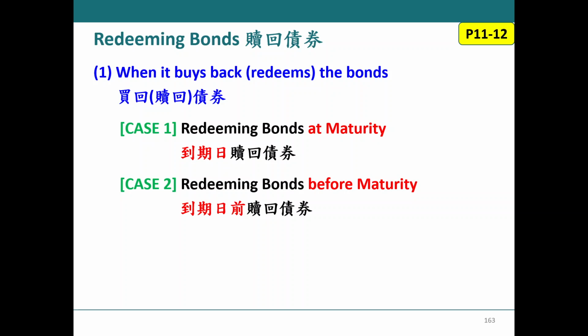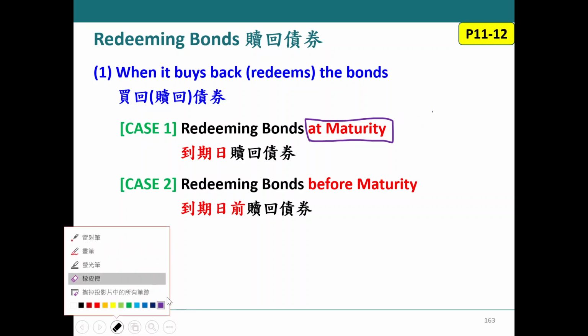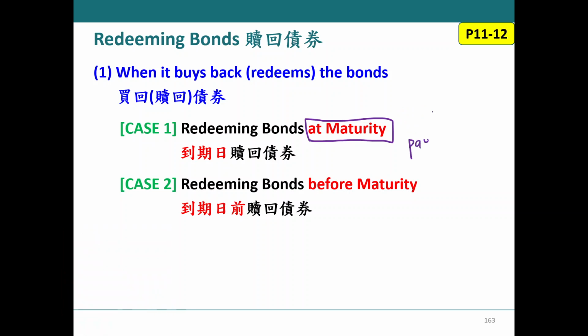We have two cases when you pay the money back. Simple case, I believe you already know what that is. You pay the money back at the maturity date, okay? So the first case is quite simple. When you pay the money back at the maturity date, pay principal at the maturity date.